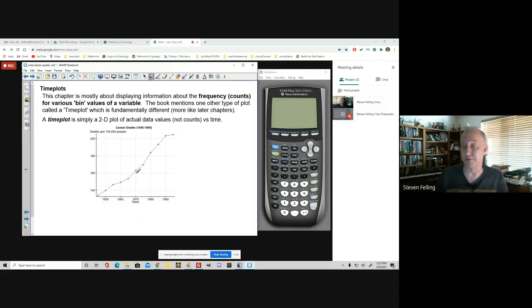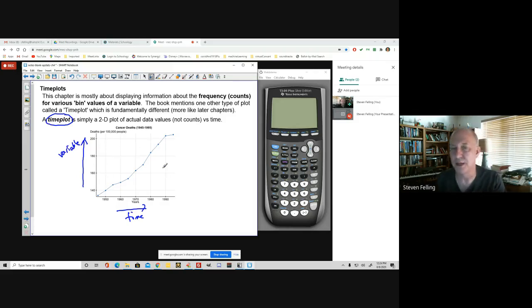Another thing that's mentioned in the book, so I'll mention it now, is that sometimes, for some reason, the book puts it in this chapter, you'll have data where the variable is on this axis, and then this is over time. So if you're looking at the variable on this axis, but over time, this is referred to as a time plot, okay? And it's a good way to see how one variable is changing specifically over time.